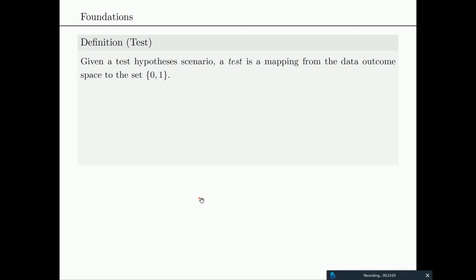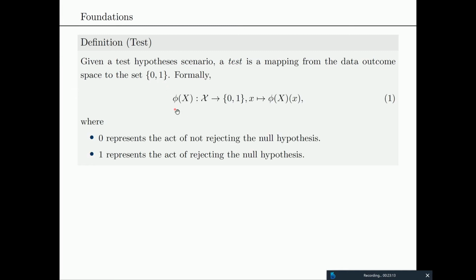A statistical test, or a hypothesis test, all the same thing, is a mapping from the data outcome space to the set {0, 1}. Formally, phi takes an element of the data outcome space and maps it to {0, 1}. This element of the data outcome space is mapped onto phi of x.